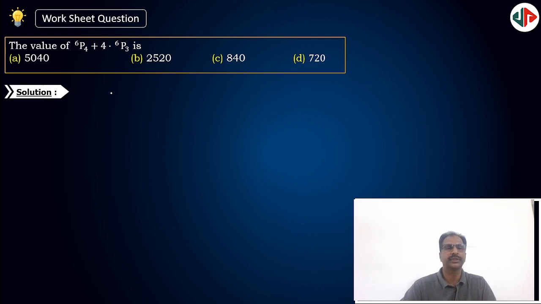Next, the value of 6P4 plus 4 into 6P3. This is the formula we just discussed. Put n is equal to 7: 7Pr is equal to 6Pr plus r into 6P(r minus 1).